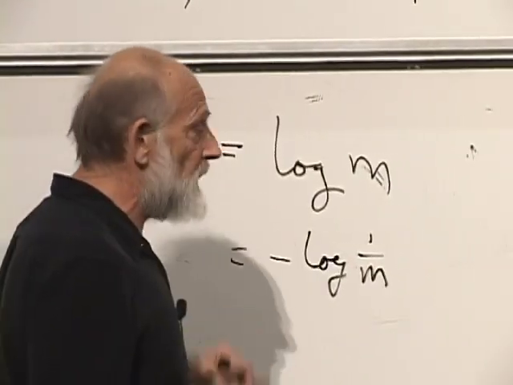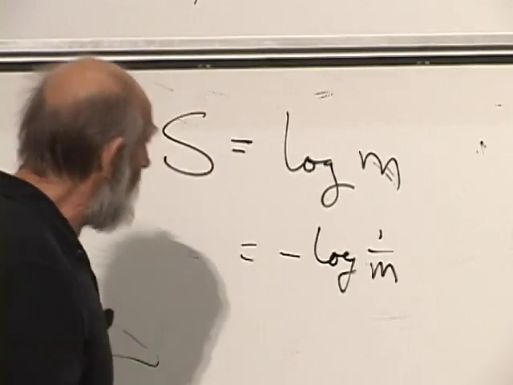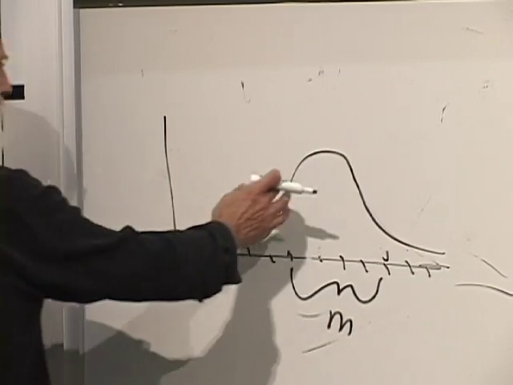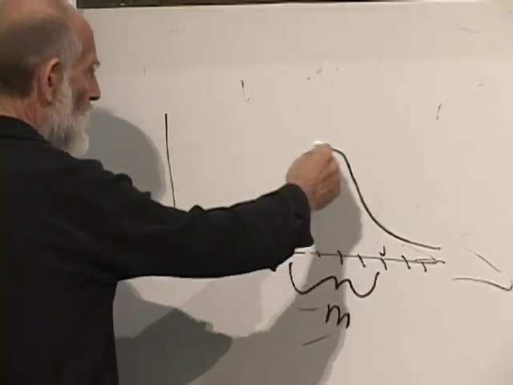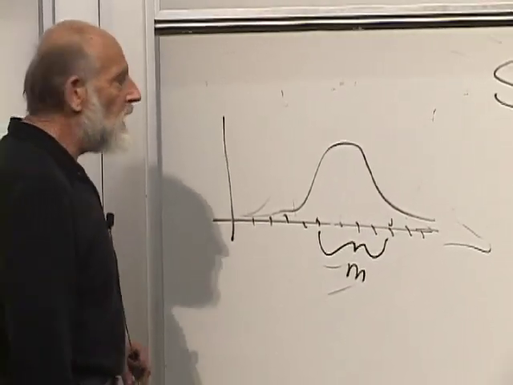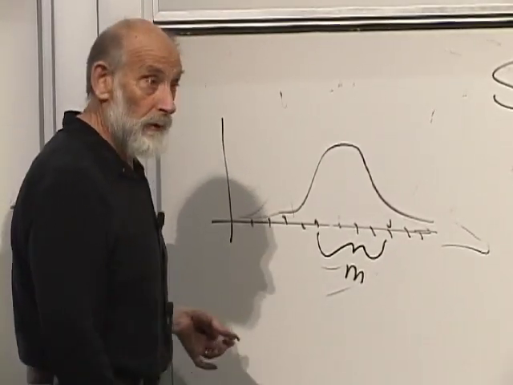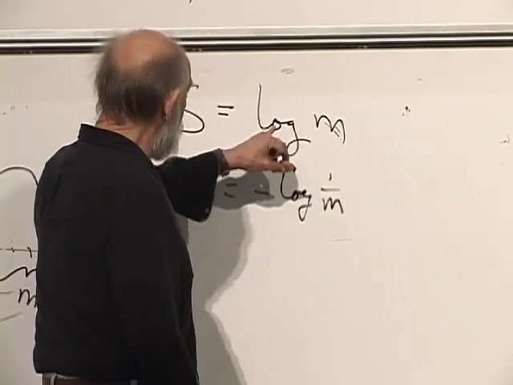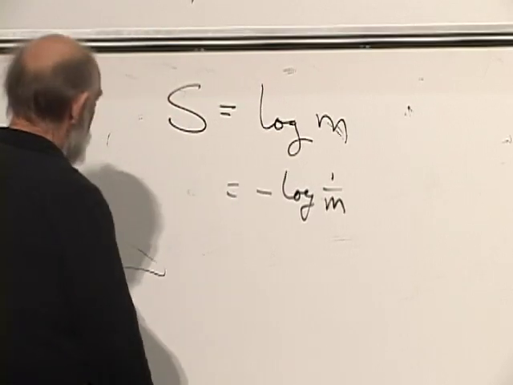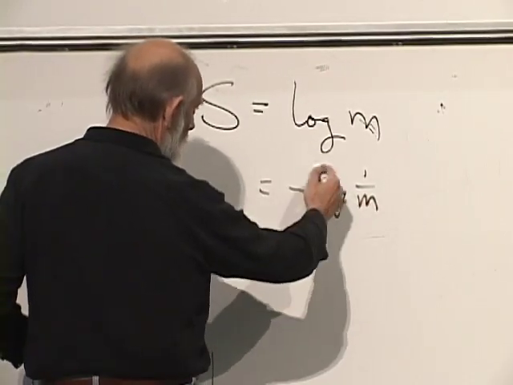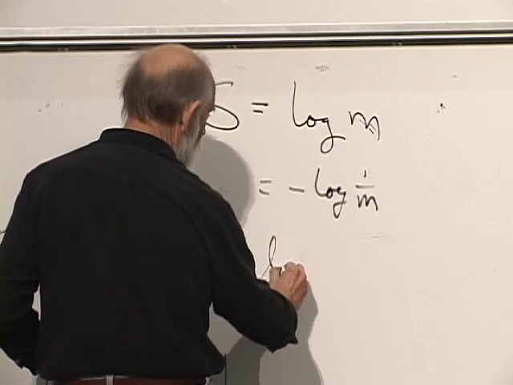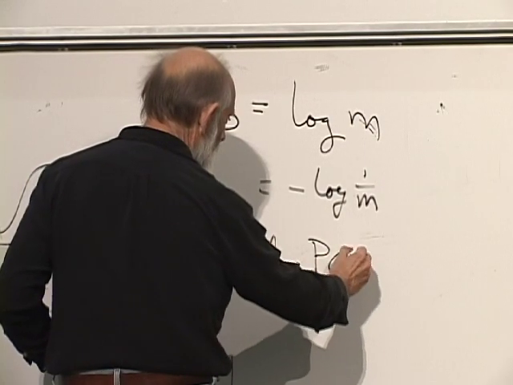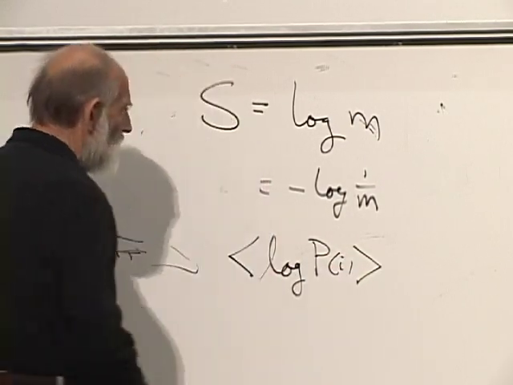Can we generalize this idea so that we have a measure of ignorance, which is in some sense approximately the logarithm of the number of states that we've included under the probability distribution, which have non-negligible probability? All right, so here's the usual definition. It's actually the average of the logarithm of the probability.